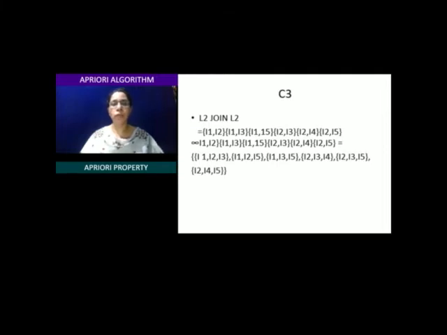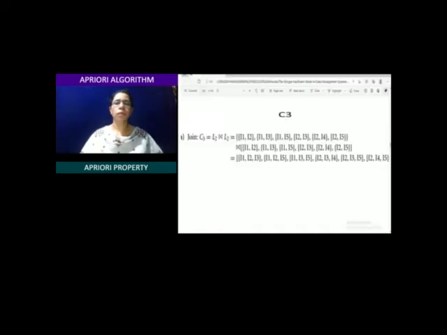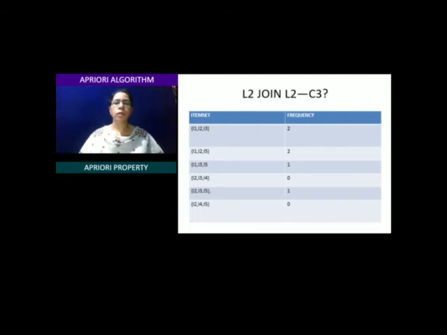Now, I2, I3 and I2, I5 are joined to form I2, I3, I5. Finally, I2, I4 and I2, I5 can be combined to form I2, I4, I5. These are the item sets obtained by the join operation. So L2 join L2 gives these item sets.